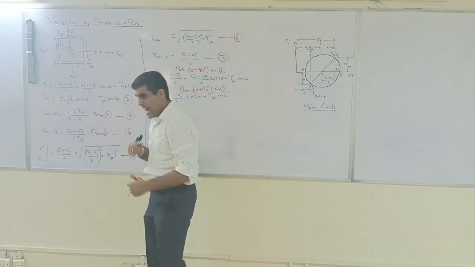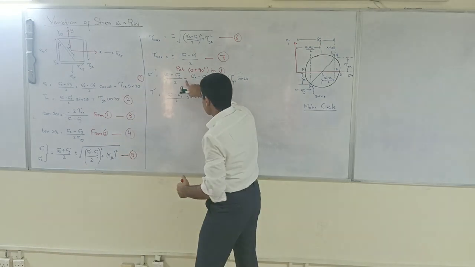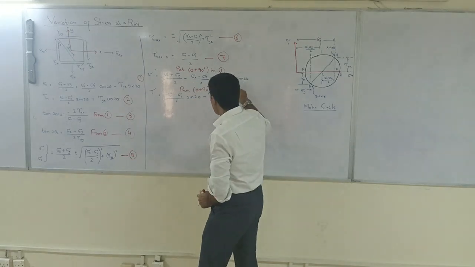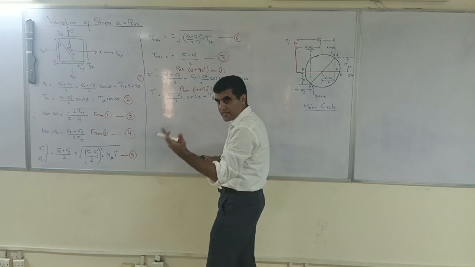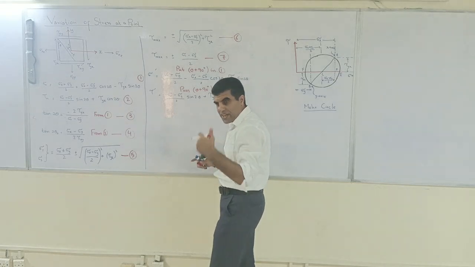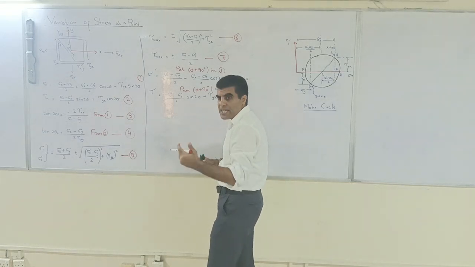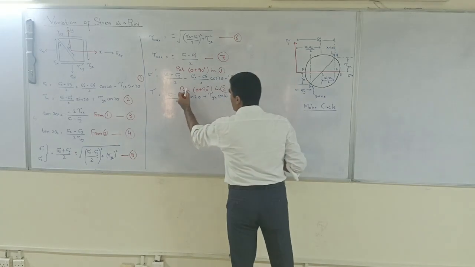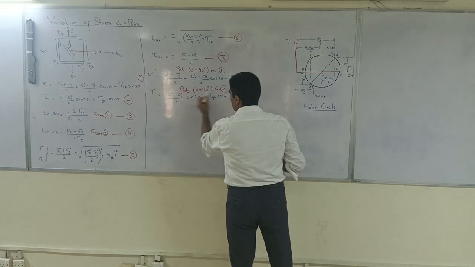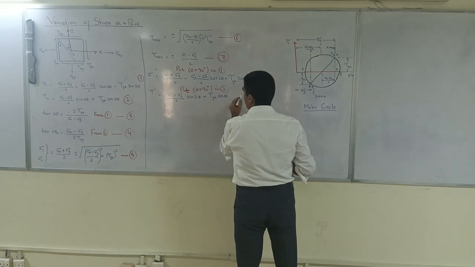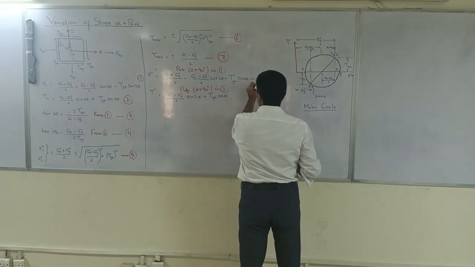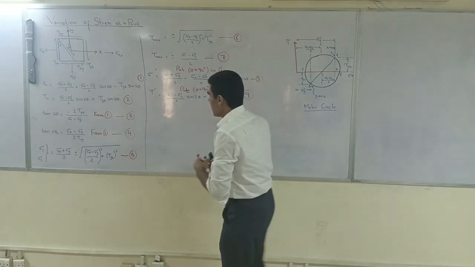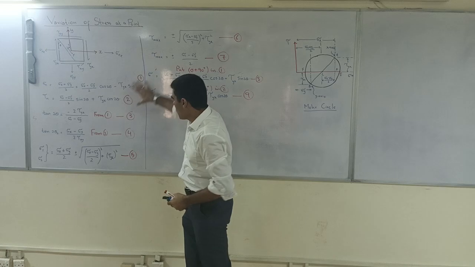You open that identity and you get minus cos 2 theta, and this tau yx becomes positive. So this is just opening the identity for cos of alpha plus beta. That identity has been used. Similarly, you put theta plus 90 degrees into the other, and you get this one. So this is equations 7, 8, and 9. Okay, so that's what we have.